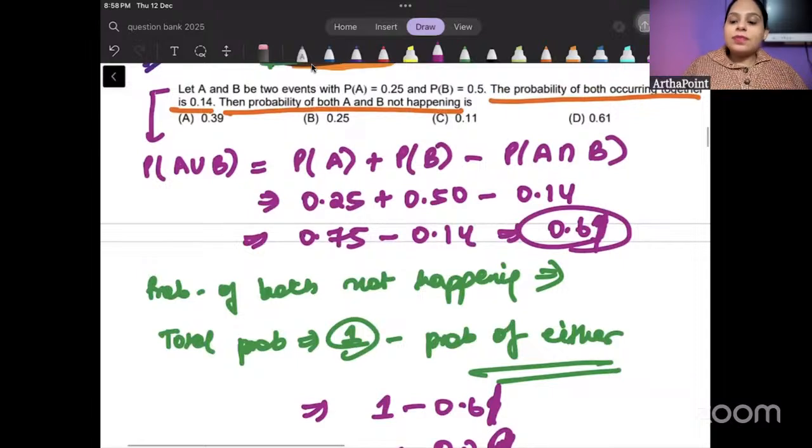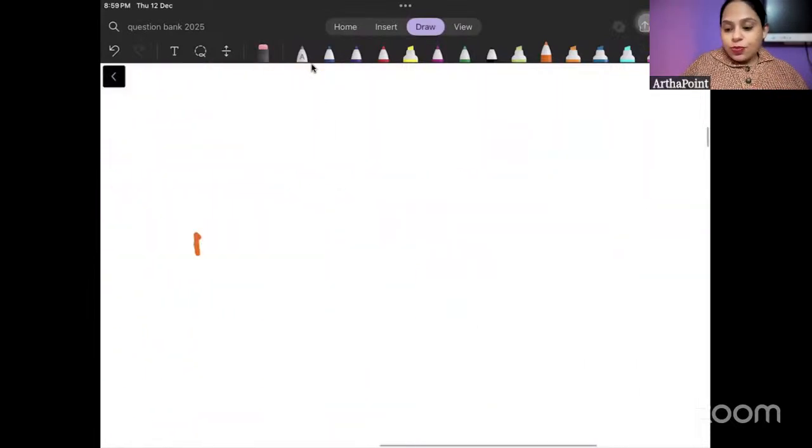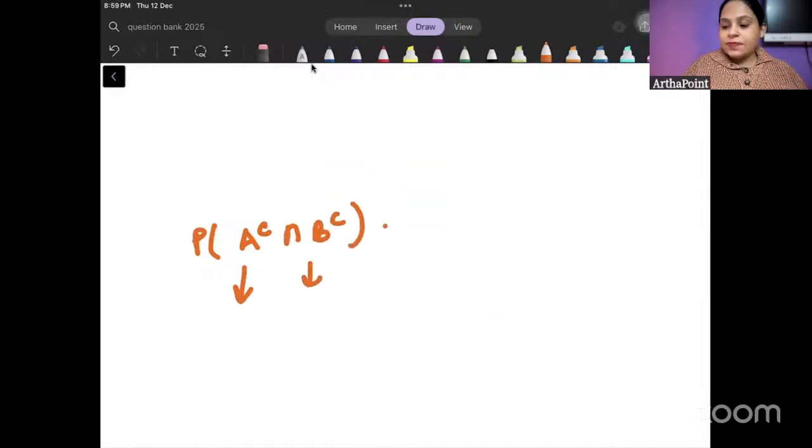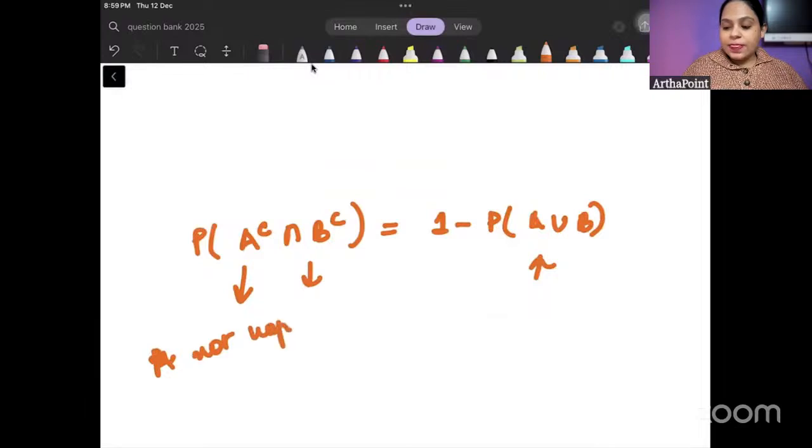Whenever in doubt, please make a Venn diagram. एक diagram बना के देखो, try to see what area you are looking at. ठीक है? Always remember this kind of formula also. So probability of A complement माने A नहीं हो रहा, and B complement माने B भी नहीं हो रहा. This is going to be 1 minus probability of A union B, either A or B. ठीक है, ये पूछ रहा है कि A not happening and B not happening.